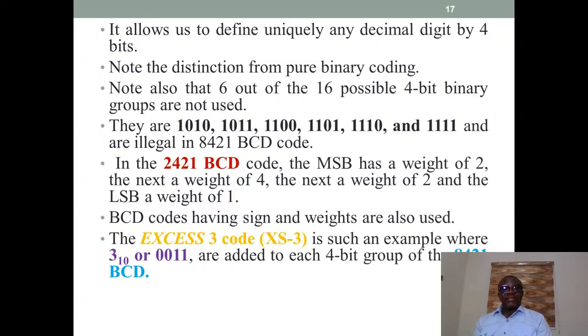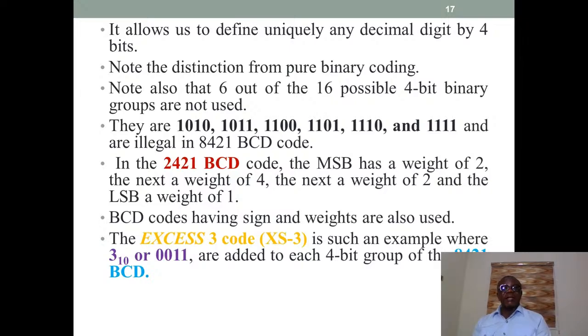BCD codes having sign and weight are also in use. Remember, in all this we have been talking, we have not mentioned the sign of the numbers. So that will form the next thing we will talk about.